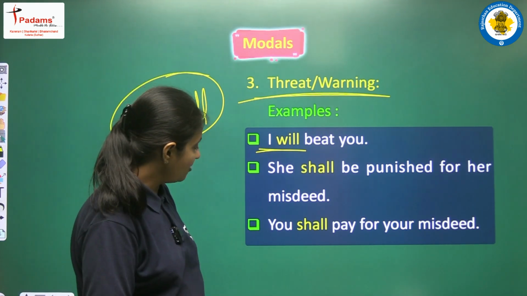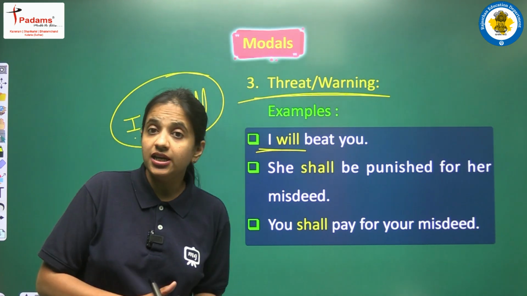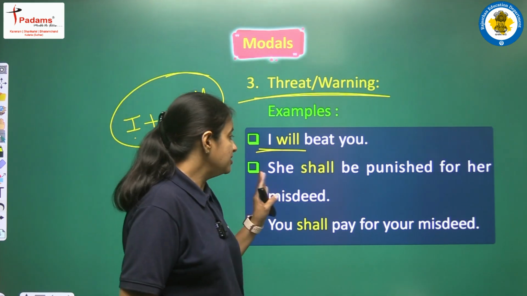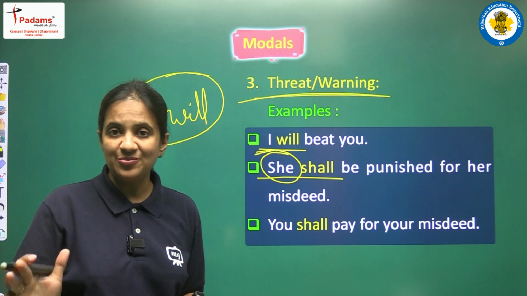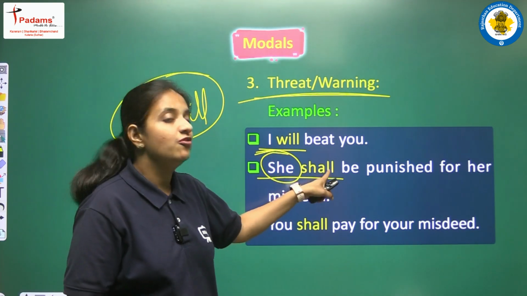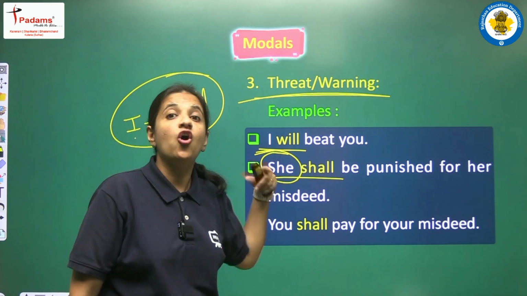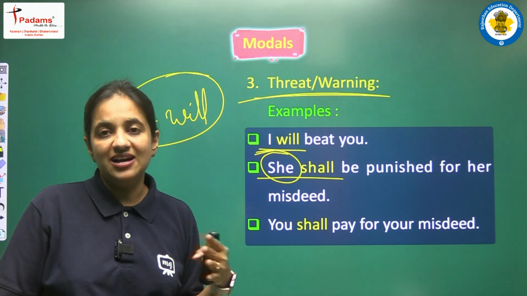Next example: she shall be punished for her misdeed. So again this is a kind of warning that we are giving, and we are saying that she shall. We all know that she is a third person pronoun, and for the third person pronoun we have shall. So again this combination, second or third person pronoun plus shall, will be there as a modal.